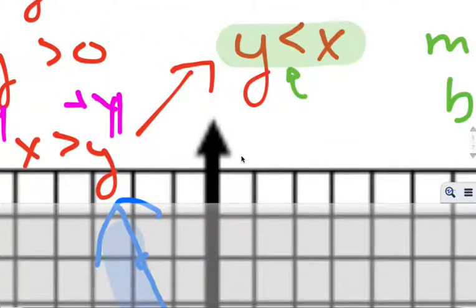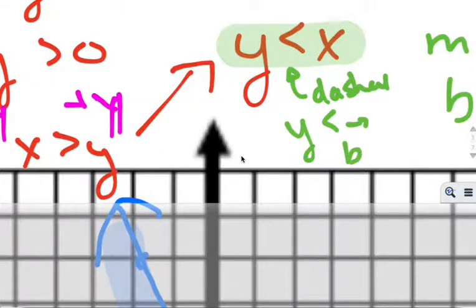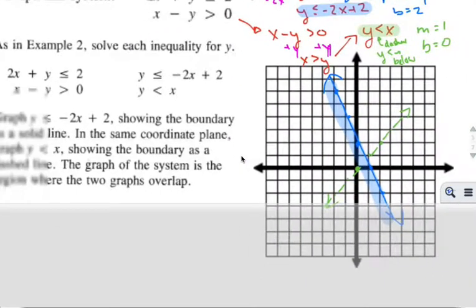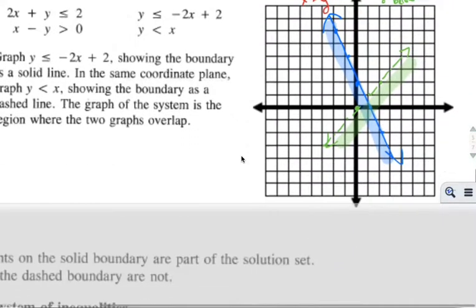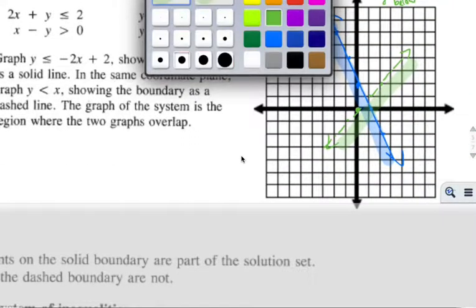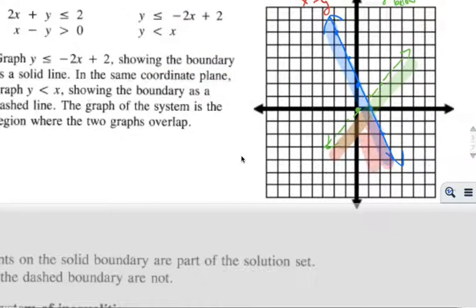And again, y is less than, so that makes it below. If I shade below, that's over here. Now where do they overlap? They overlap in this region here, and that's where we shade.